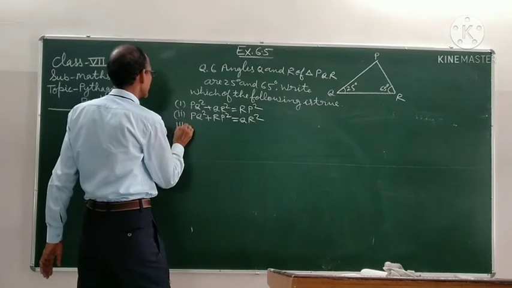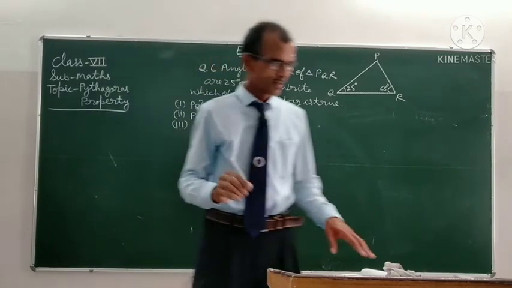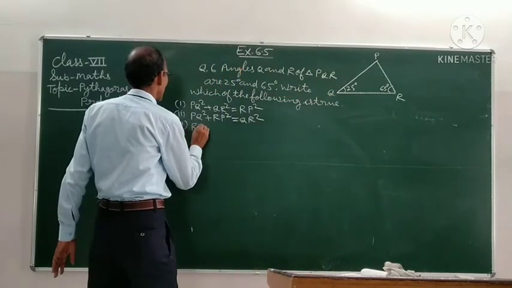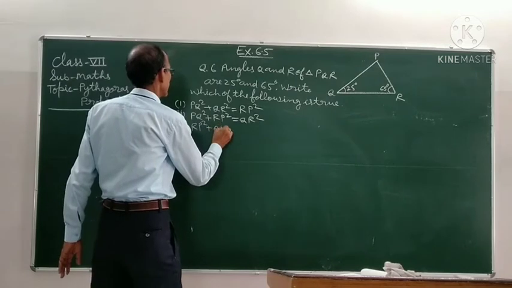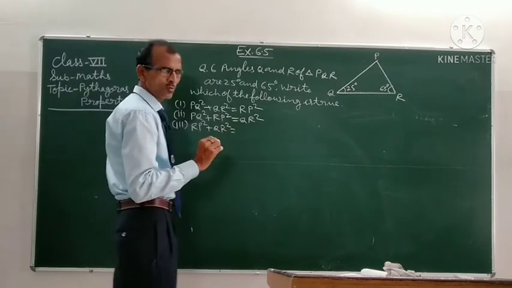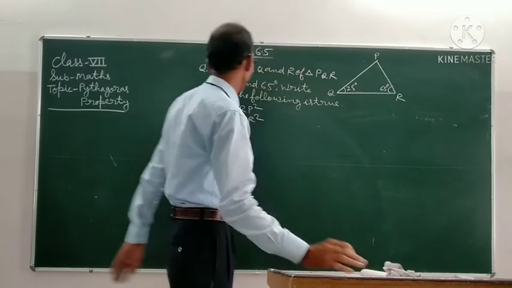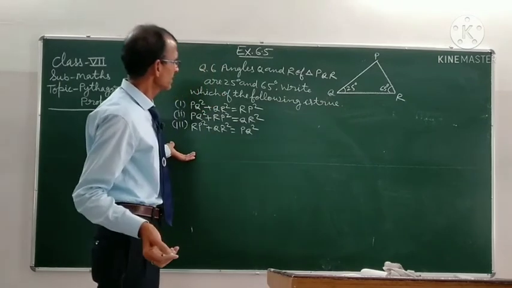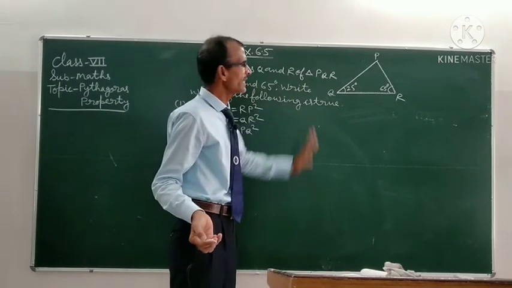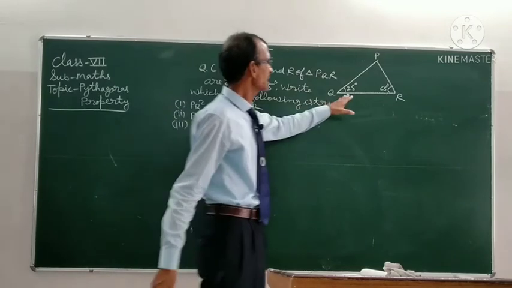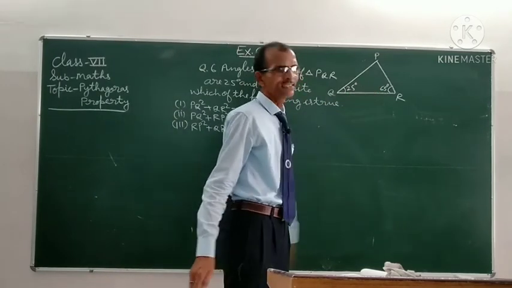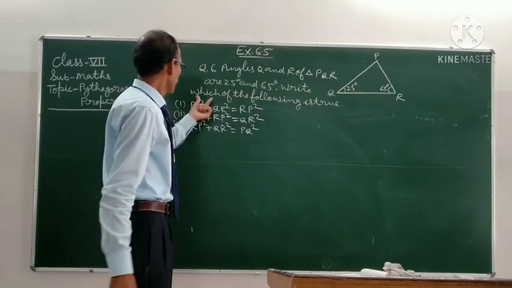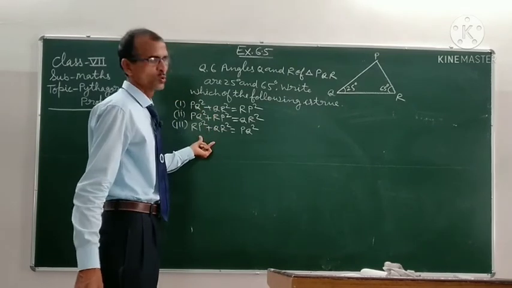Third statement is RP square plus QR square is equal to PQ square. Okay? Here we are given a triangle PQR whose angle Q and R are 25 degree and 65 degree, and you have to tell which of these given statements is true.